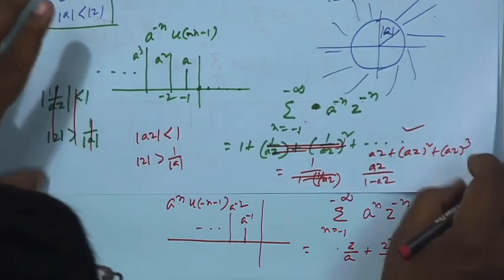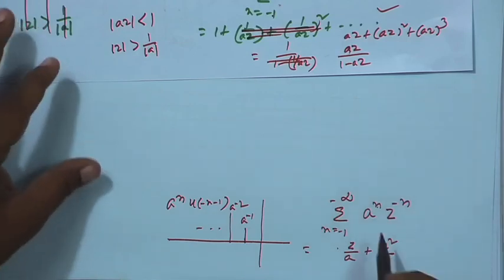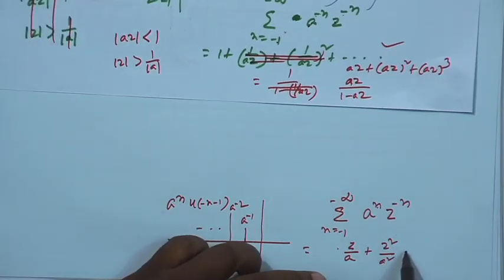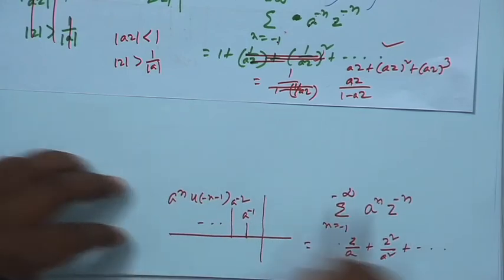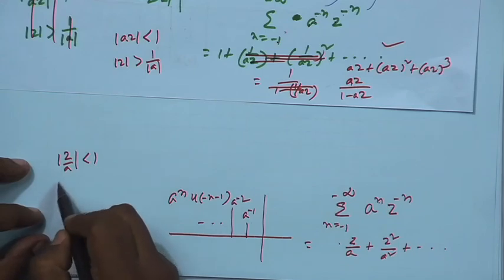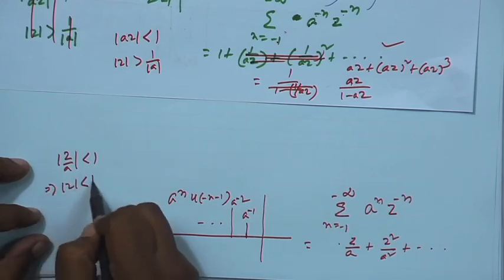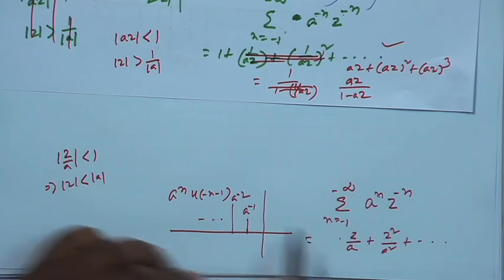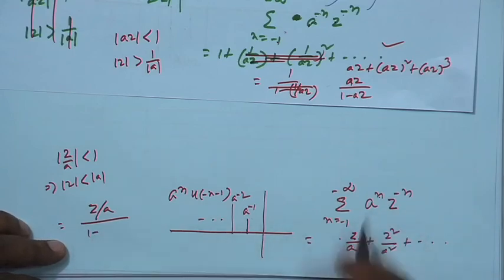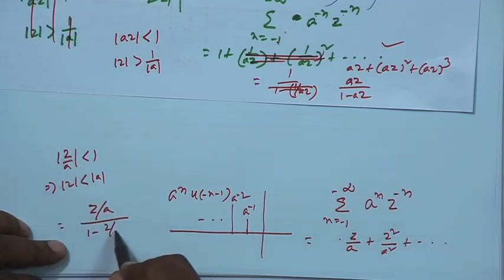All right. So, there is a small mistake. Here it is z by a plus z square by a square and so on. See, mod z by a less than 1, which means mod z less than mod a, then this converges, and if you take z by a common, it will be z by a divided by 1 minus z by a, because it is 1 plus z by a plus z square by a square and so on, and under this condition it will be this.